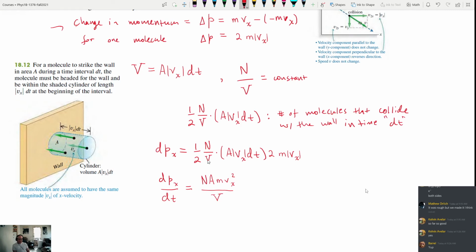There's an N, a V, an A, mass, Vx, Vx. The 2's canceled. So we went from the number of molecules that collide with the wall, multiplied by the momentum change per molecule that's going to occur. And if you know the change in momentum of the molecule, dp, then if you find the change in momentum per second, what does that give you?